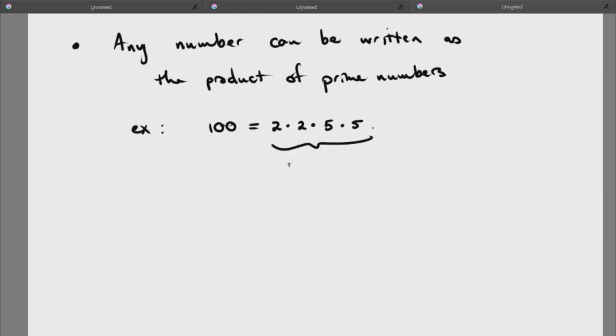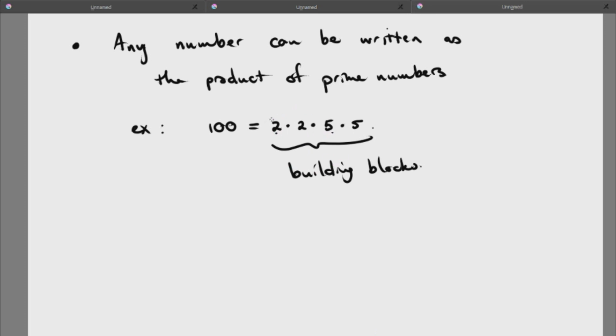I can split it up into the multiplication, the product of prime numbers. Any number. So in that sense, these prime numbers can be seen as the building blocks of all numbers. And if we understand how prime numbers behave, we understand everything.